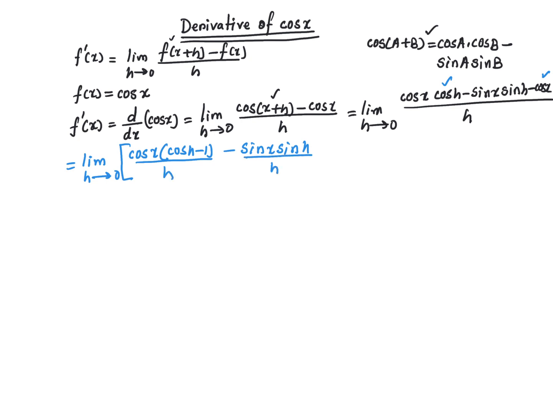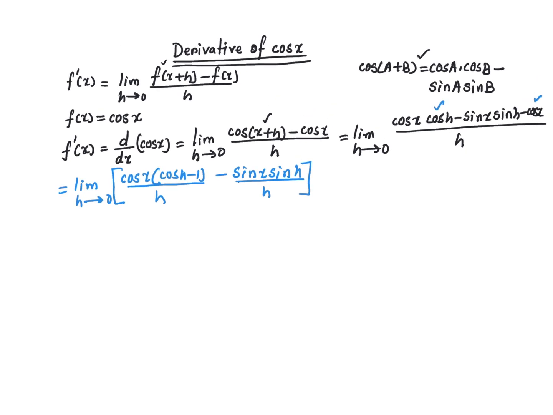Now I could use the properties of limit. Limit of a difference is the difference of the limits. This is going to be the limit of this term minus the limit of this term.